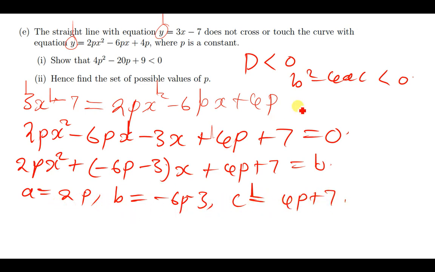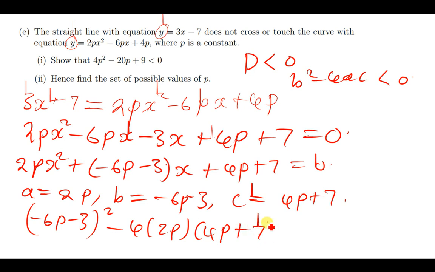So our b squared means that we're going to have negative 6p minus 3 squared, then minus 4, our a is 2p, then our c is 4p plus 7. So let us quickly simplify this equation.